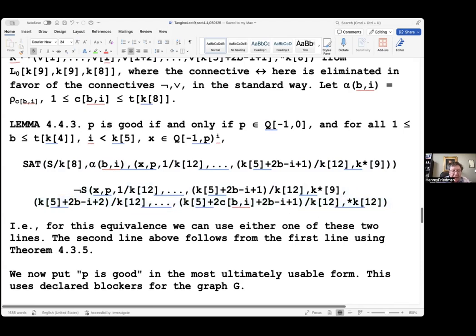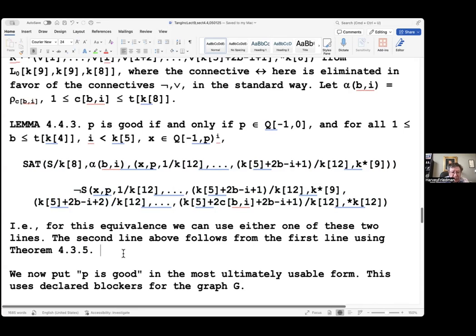Okay. And that's immediate from the third representation theorem from Section 3, and immediate from the definitions that were made of stuff here. Okay.